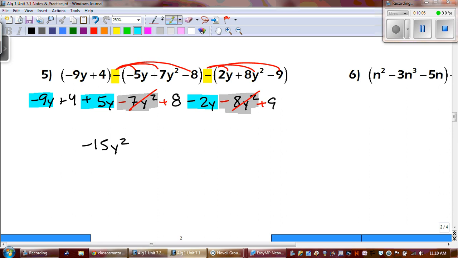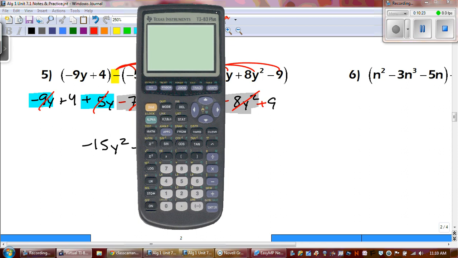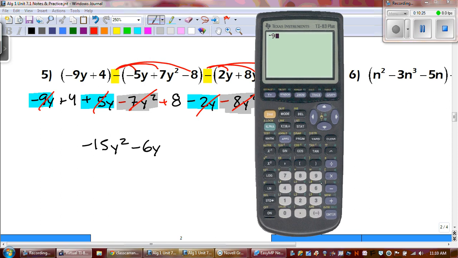Okay, so we have -9 plus 5 gives us -4, minus 2 is -6. And guys, if you just want to take your calculator and be like, all right, well, let's see. That was -9 plus 5 minus 2.